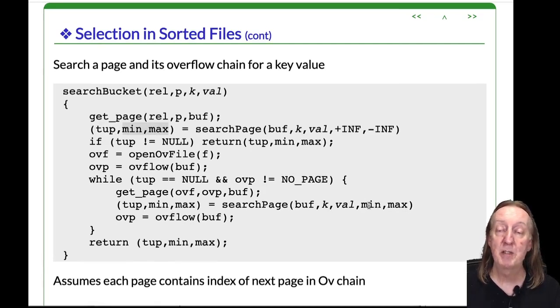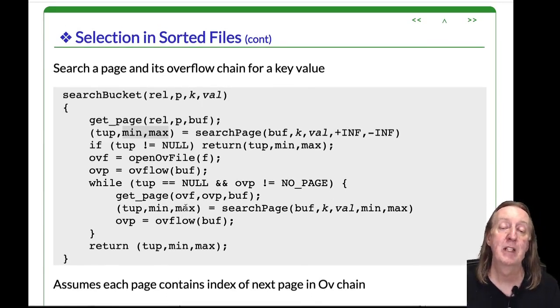And so we need to pass these values in, so if we find a smaller value in the overflow page, that becomes the new min. If we find a value larger than max in the overflow page, that becomes the new max. And of course we chain from overflow page to overflow page by looking for the overflow index in the buffer.